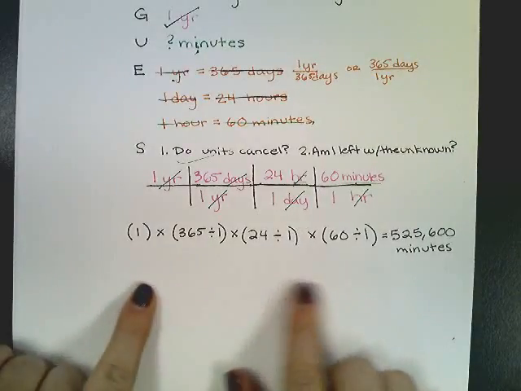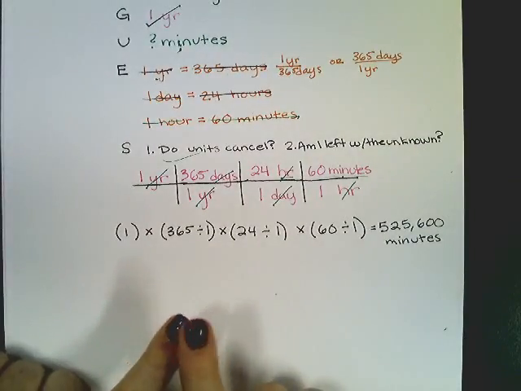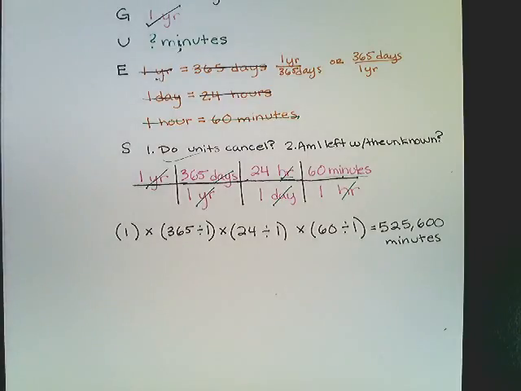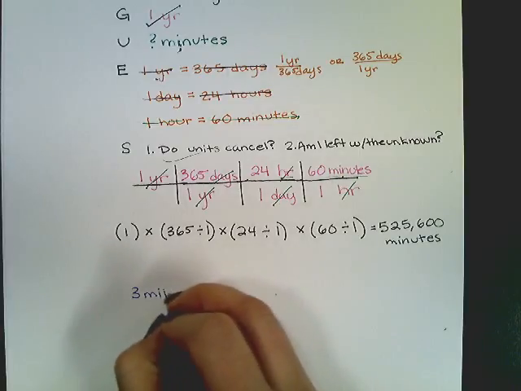Now I'm going to show you a potential other setup, and I want you to look and tell me if you think it's right or not. So let's say I'm trying to decide how many inches are in 3 miles. So I know I'm looking for how many inches are in 3 miles.